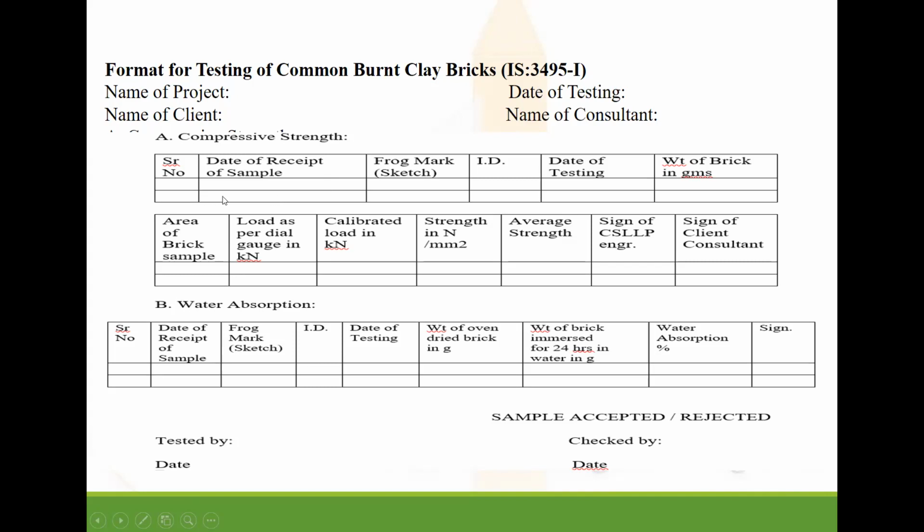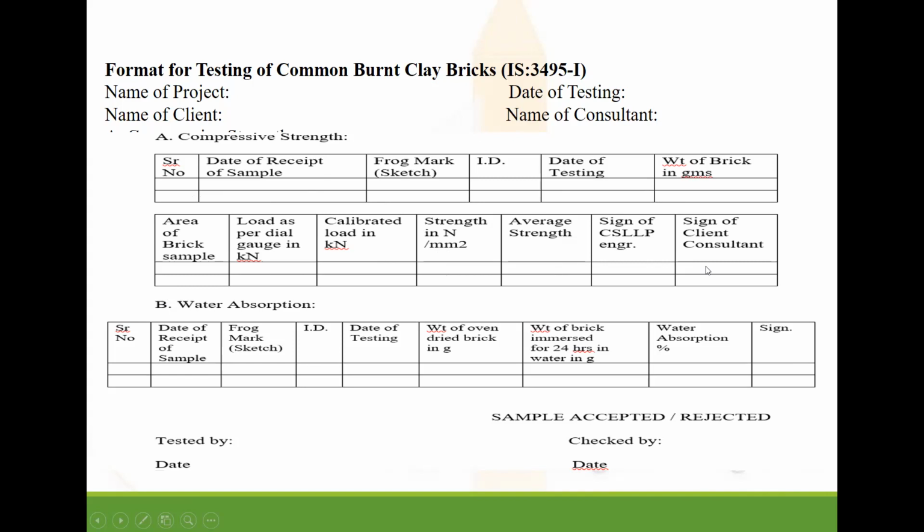So now you have to mention the serial number, receipt of the sample, frog mark, ID, date of testing, weight of the bricks in grams, area of the bricks, load applied on the bricks, calibrated load in kilonewton, strength in Newton per mm square, and average strength.